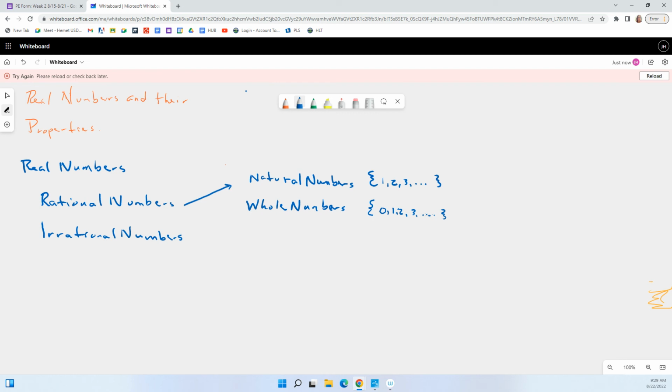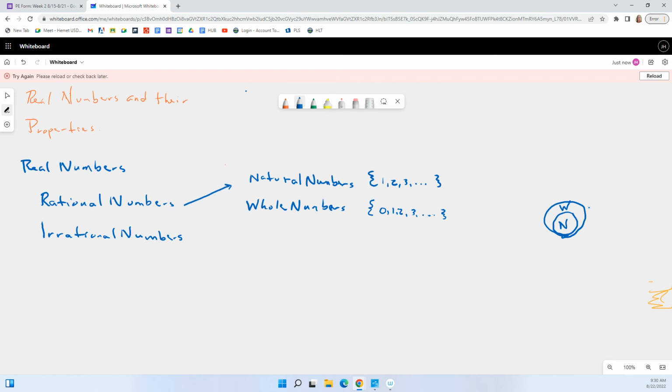Every natural number is also a whole number. So if I were going to put them in a diagram, I'd say I've got the natural numbers here, which is N, and I've got the whole numbers, which is all of the natural numbers plus 0.